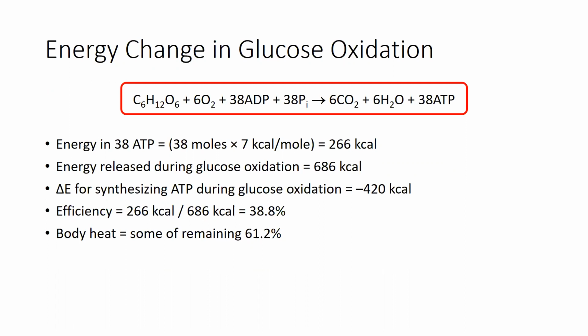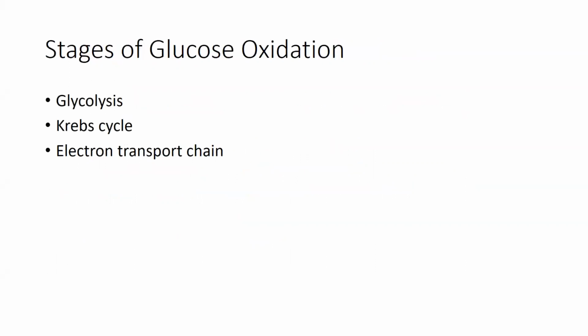Okay, so the point of this slide is really to illustrate that this is not 100% an efficient process, okay? Most of this is lost as heat, and this speaks to us as beings on a bigger scale. We're only about 38% efficient in breaking down and harnessing the energy from the food that we're actually absorbing and eating, okay?